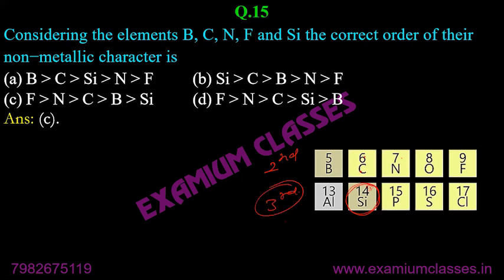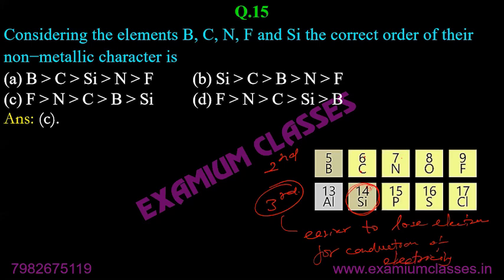In the third shell, it is easier to lose electron for conduction of electricity as compared to second shell.